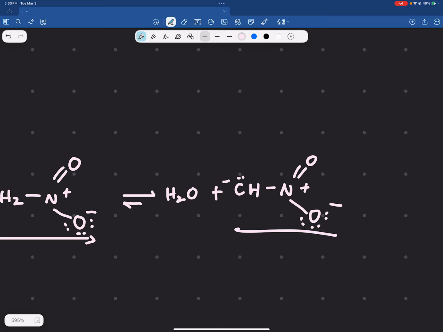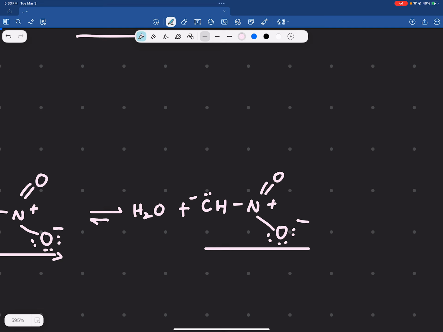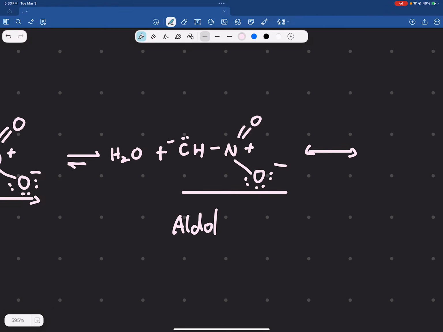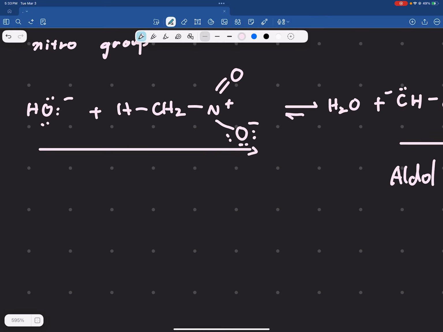This anion will behave very similarly to a nucleophile used in an aldol reaction. So this can basically be a nucleophile instead of an enolate in the aldol reaction. This is stabilized by charge delocalization, but I'm not going to draw the resonance structure. You guys can imagine it.